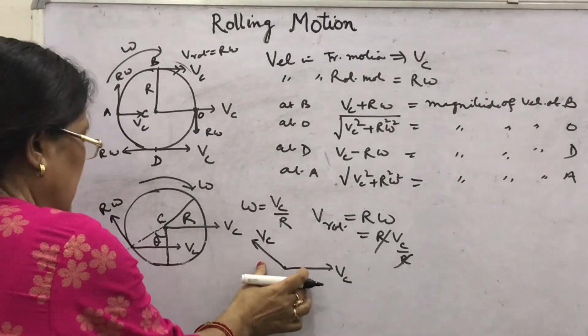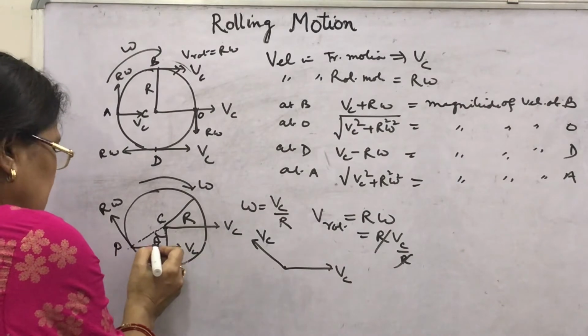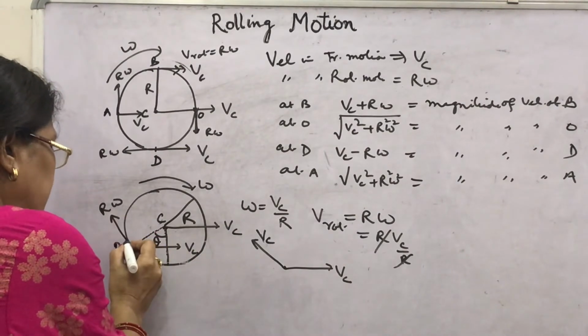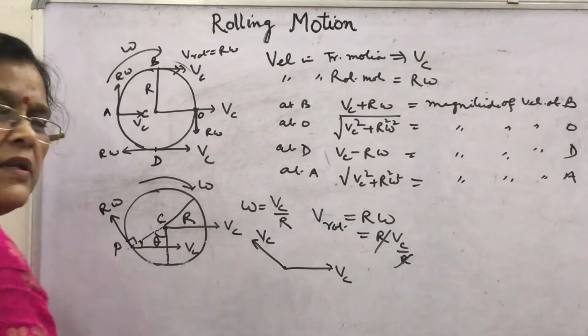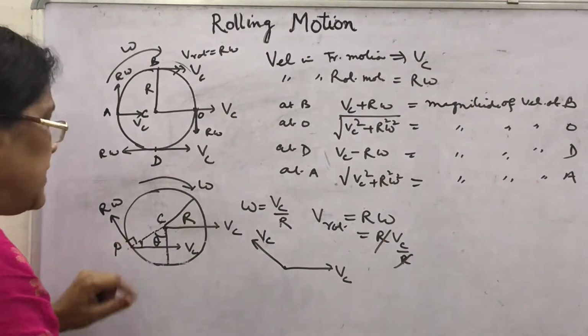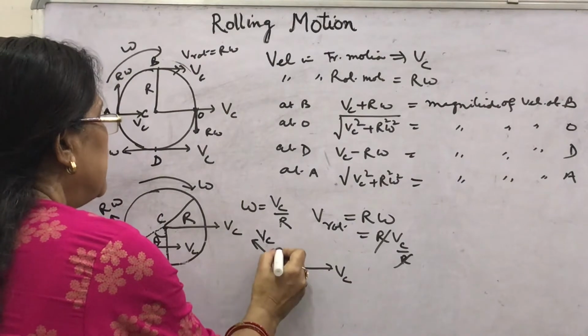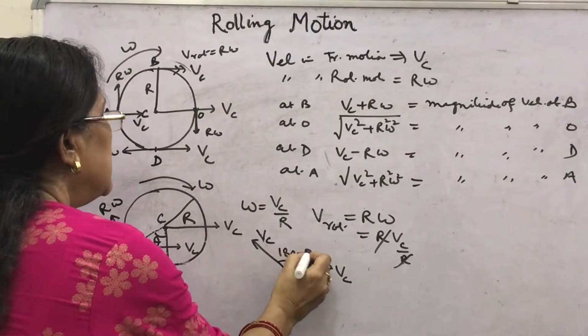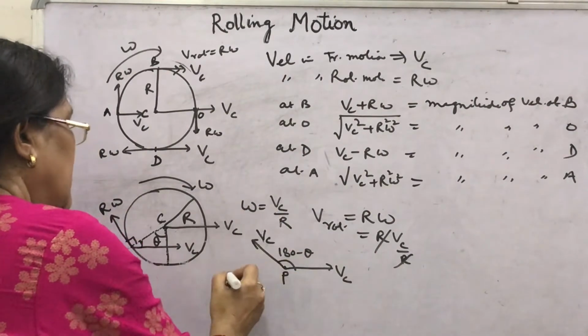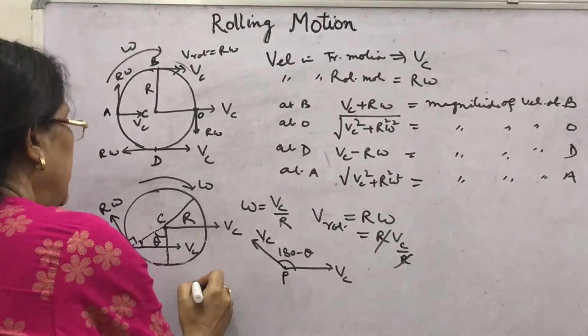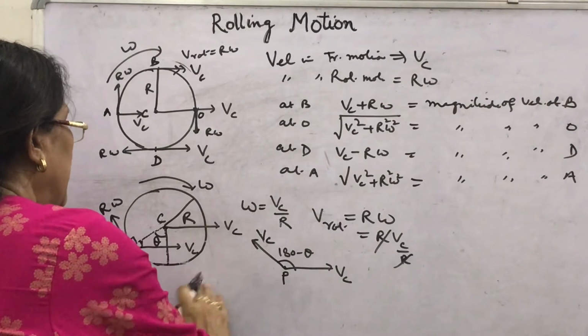At what angle? Look here, this radius and tangent are perpendicular. This angle is theta, this is 90. What will be this angle? 90 minus theta. Then 90 plus 90 minus theta will be 180 minus theta. Simple.